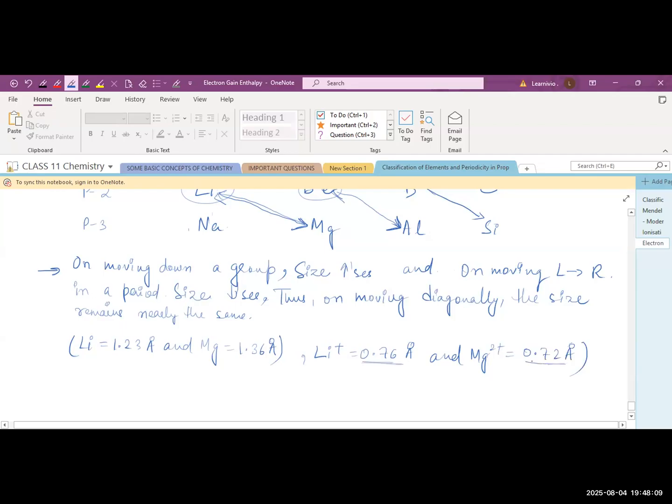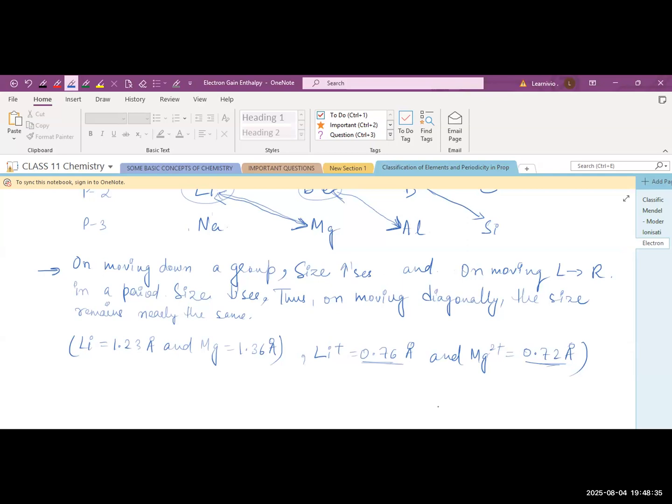See the difference between the sizes of ions, 0.76 and 0.72, nearly the same, not exactly the same. So we can say lithium and magnesium have a diagonal relationship, meaning they are very much similar in their properties with each other.